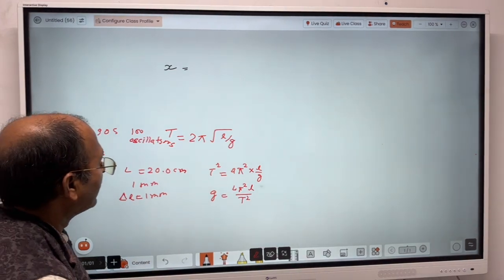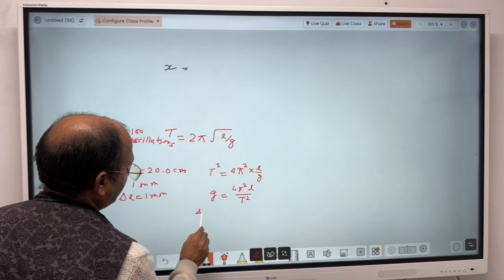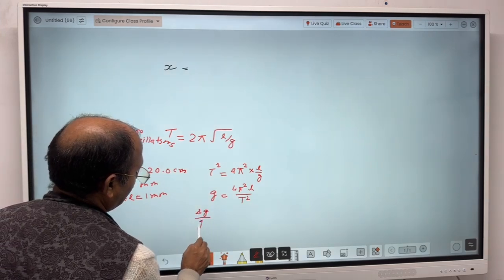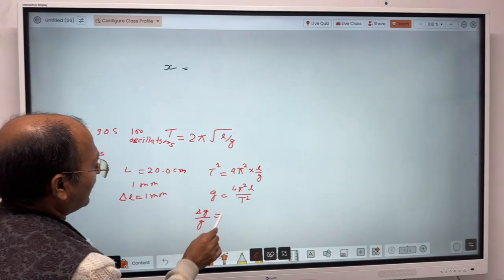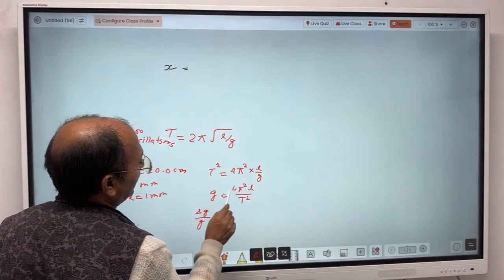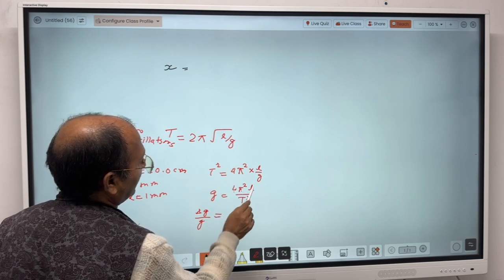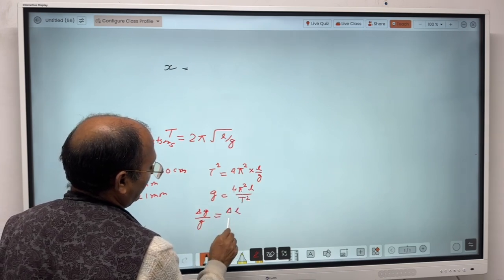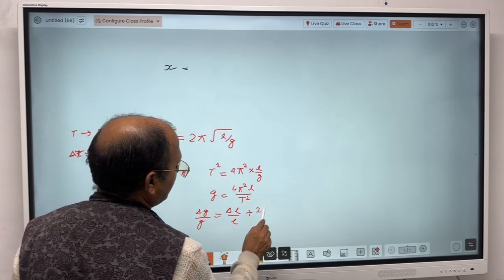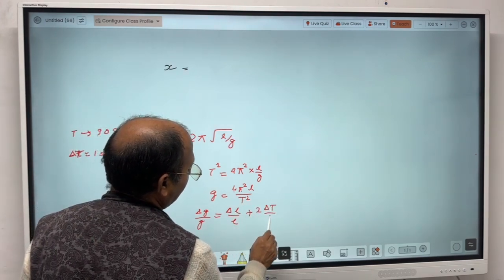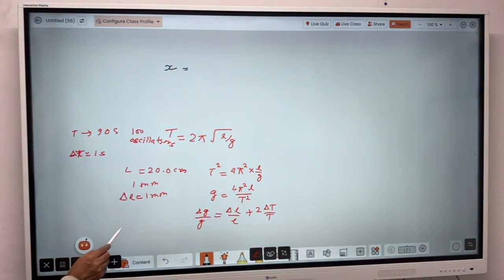Now, what more? We have to find out the accuracy in the value of g. So we write it as delta g upon g. We can put it in terms of percentage also, but I'm not writing that. Here, 4 is a dimensionless constant, pi square is a dimensionless constant, so I'm leaving them. So we can write delta L upon L plus, here power 2, so twice of delta T upon T. Now we have the values.